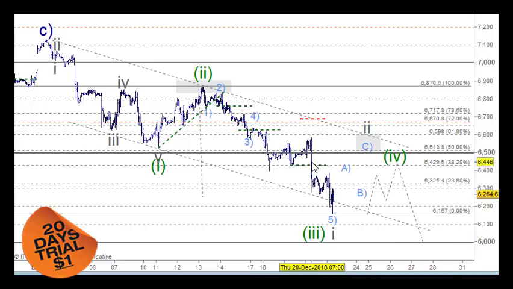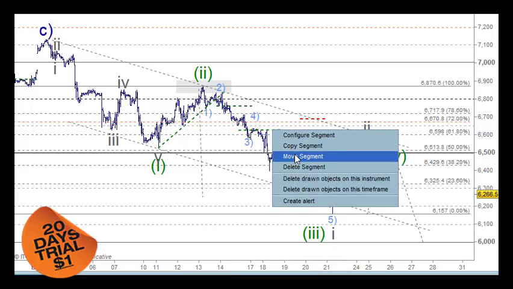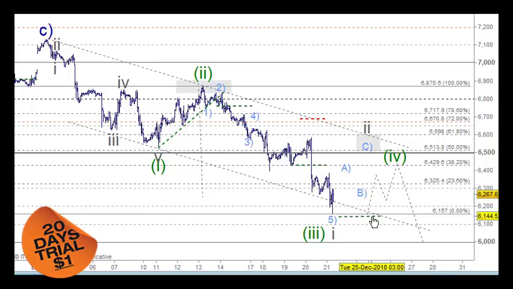And once again, too, if this low here is breached and we get some sort of cascading thing to the downside, well then we need to be short under that. Otherwise, we can just chill out and wait for the A, the B, and the C wave here to complete.